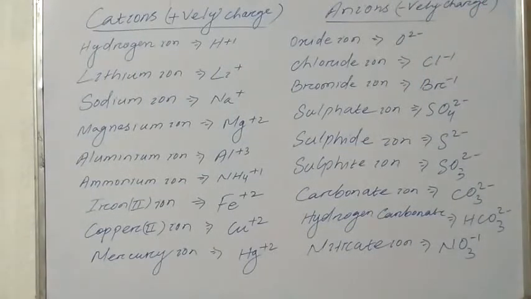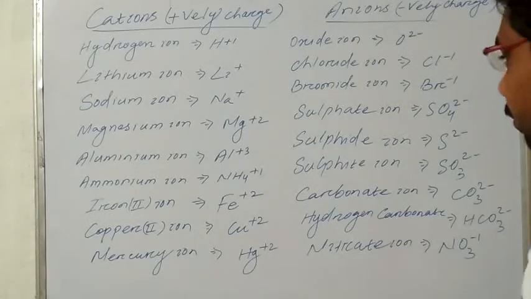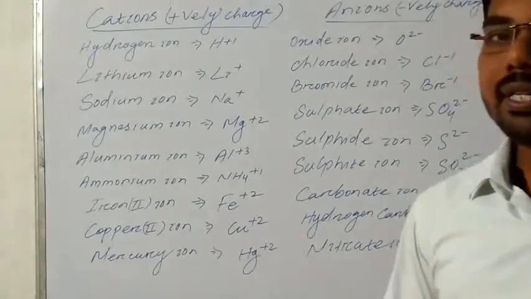So these are some negatively charged ions. Okay, or more examples are there, cations and anions.